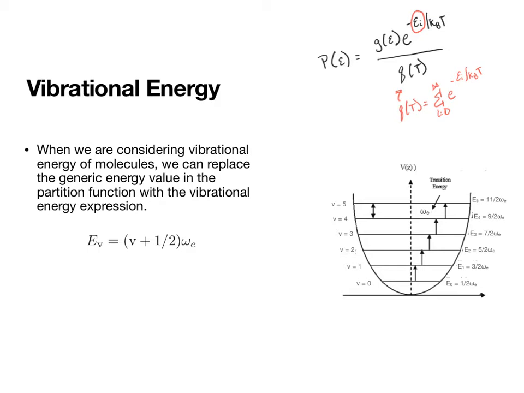So way back when we defined vibrational energy, we found that the energy of a vibration is equal to v plus a half times omega e. And we're going to work to understand what this is. But to start you off, we have these different vibrational energy levels, which are labeled by vibrational quantum numbers.